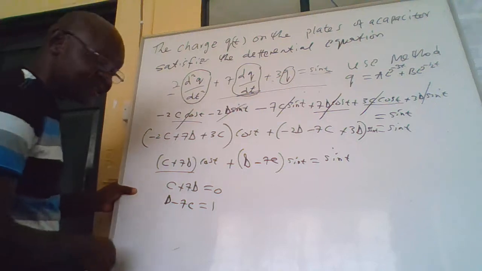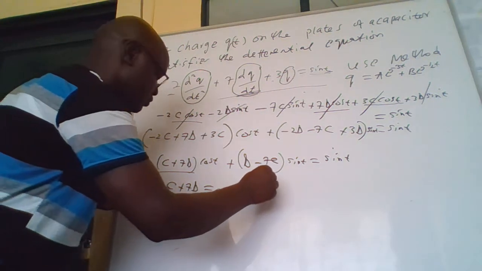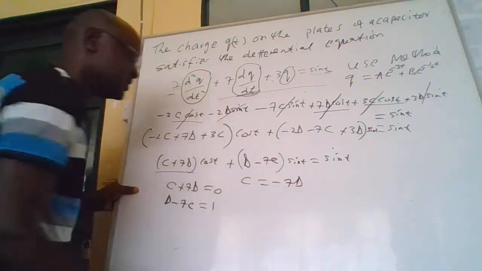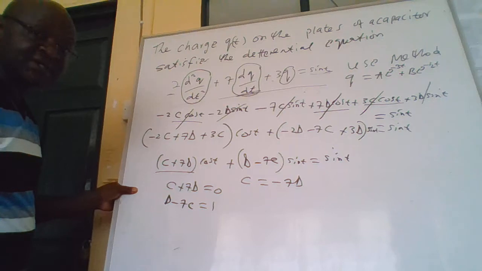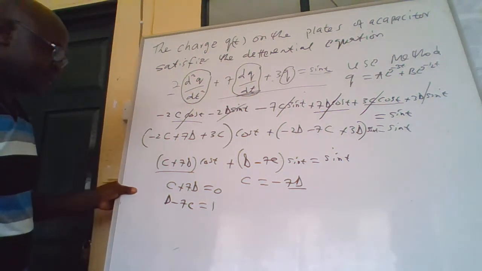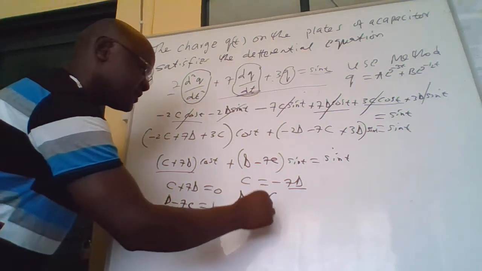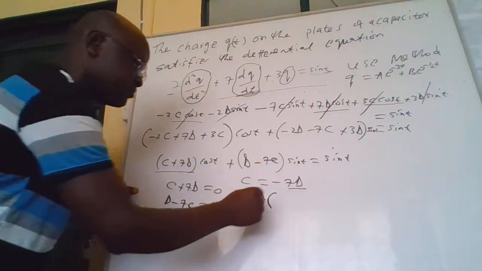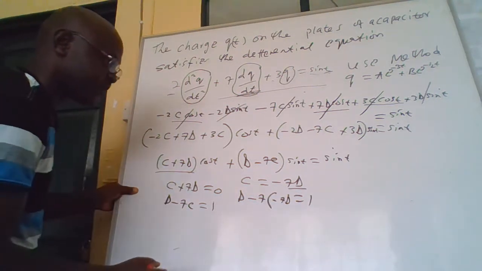If I make C the subject in the first equation, C equals minus 7D. So that is the value of C. So where there is C in the second equation, I replace it with minus 7D. Therefore, here I have D minus 7 times minus 7D equals 1.